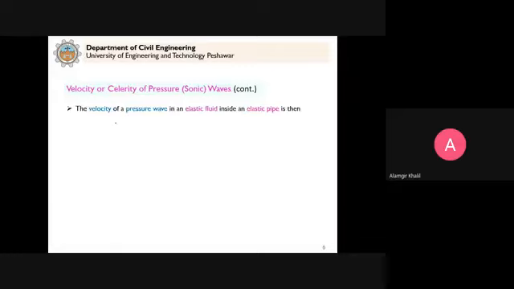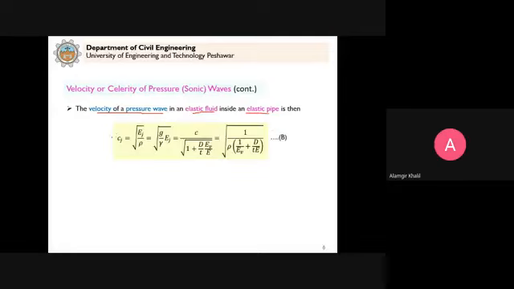According to that, the velocity of a pressure wave in an elastic fluid inside an elastic pipe is Cj. This is the joint or combined celerity or velocity of the pressure wave. Instead of EV, we are now using EJ, and it can be simplified in various forms.